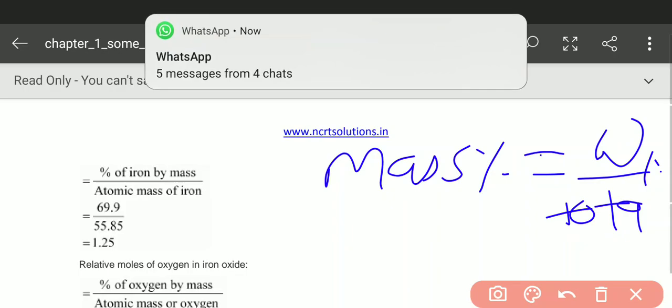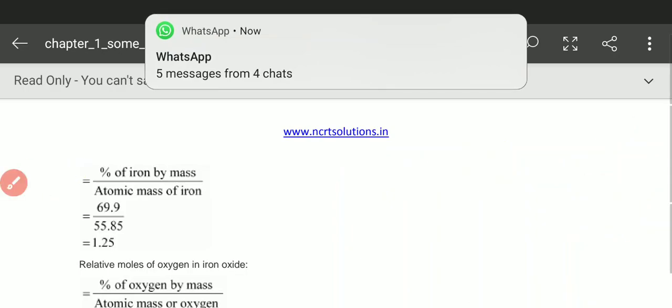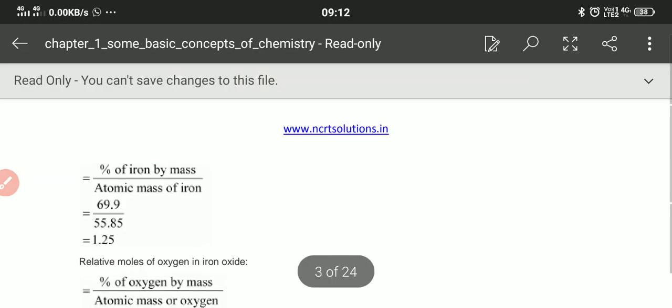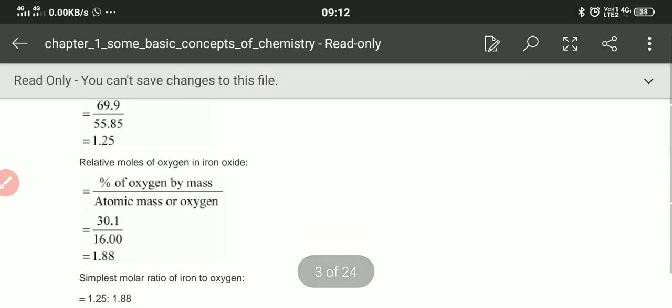So for Fe, 69.9% is given. What is the atomic mass of Fe? 55.85. Divide the percentage of that element by its mass, meaning if the percentage of Fe is given, you have to divide it by its mass. So we get 1.25. Same way, percentage of oxygen is given, 30.1, divide it by mass of oxygen, that is 16, we get 1.88.